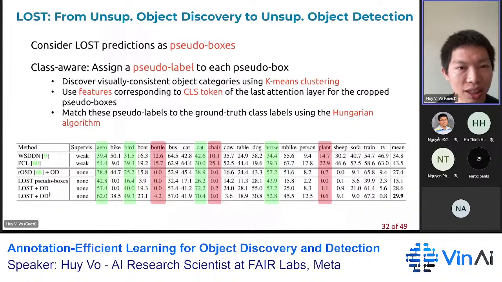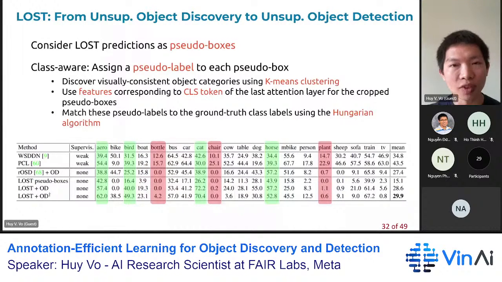Especially on some classes like aeroplane, bird, cat, and horse, our detector actually outperformed the weakly-supervised detectors. But on some other classes like bottle, chair, and plant, our detector fails. And this is because LOST is unable to find instances of the class in the first place.